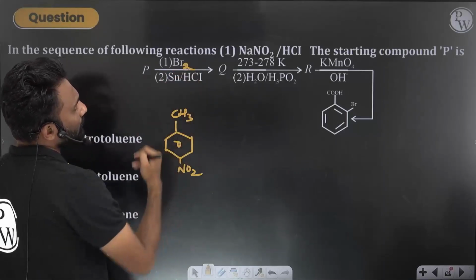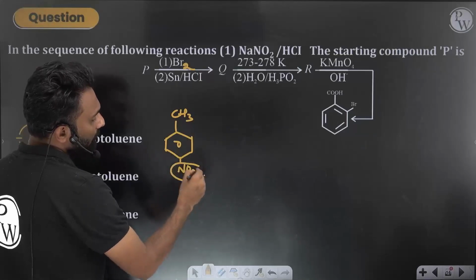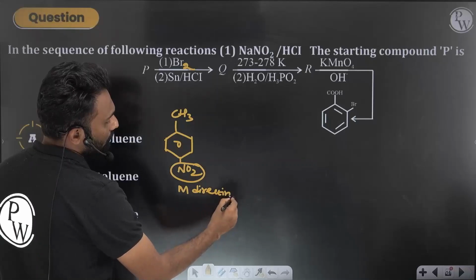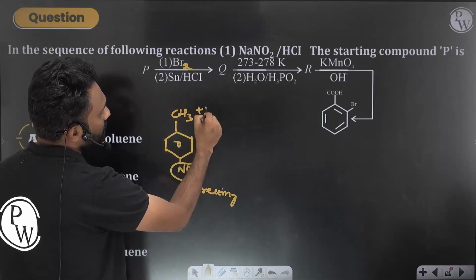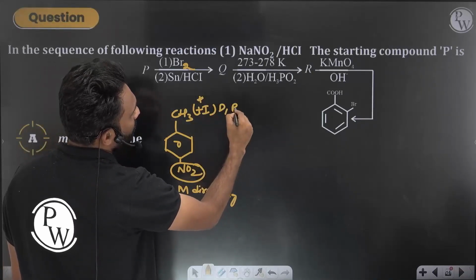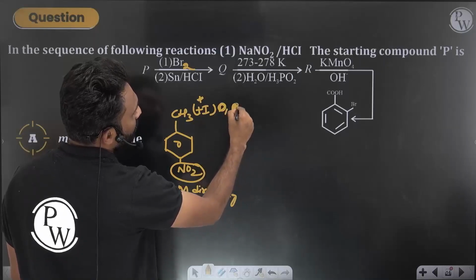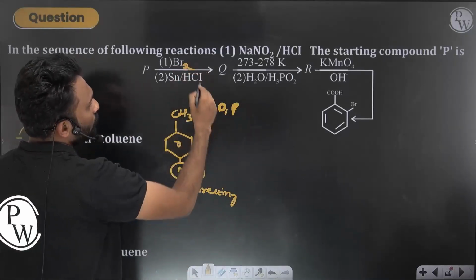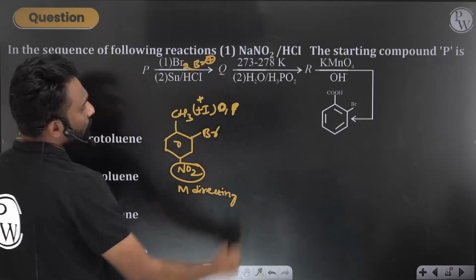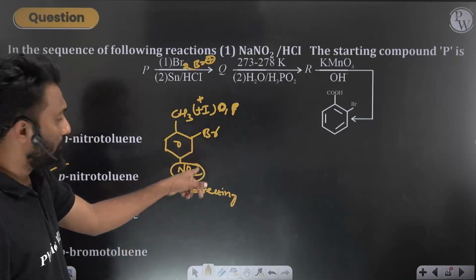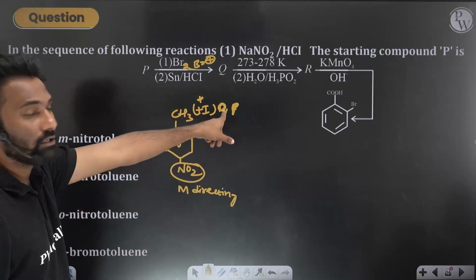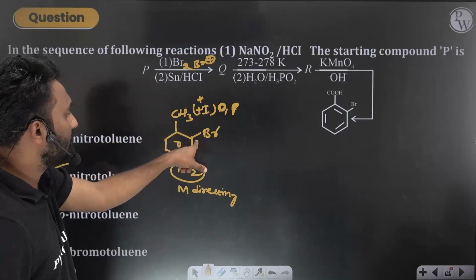Now the nitro group is a meta directing group. The methyl is a plus I group and is an ortho and para directing group. Here Br2 will have the Br electrophile, and the Br electrophile will go and attack here, because the NO2 is a meta directing group. For the NO2, this position is meta. CH3 is an ortho para directing group. Now for this CH3, this is an ortho position.